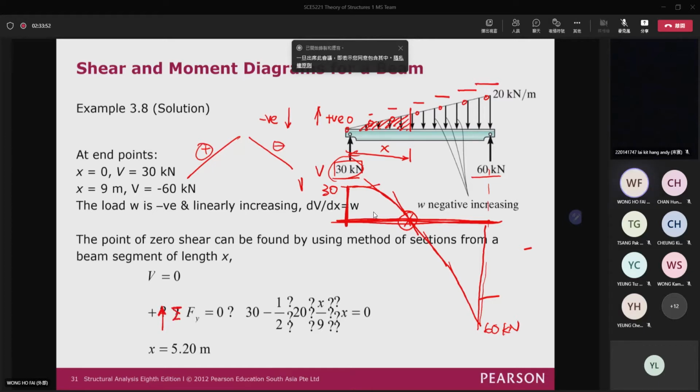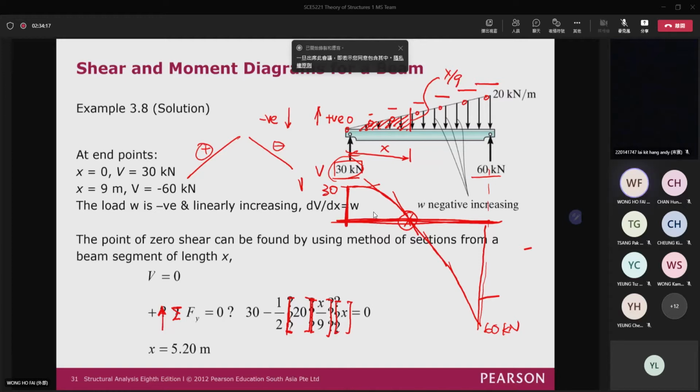The distributed load at this point is x divided by 9 times 20.